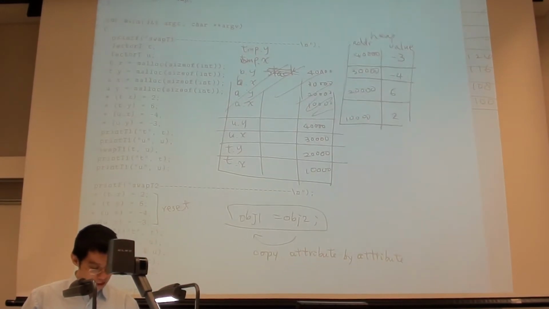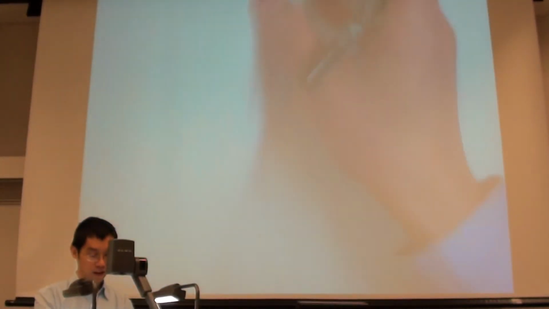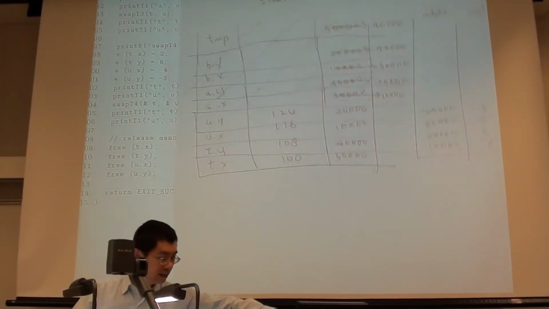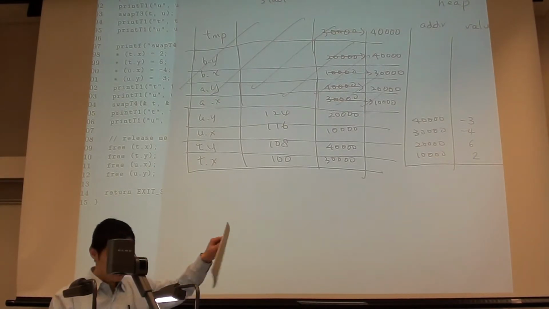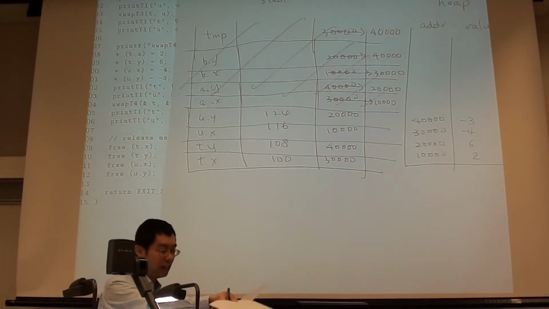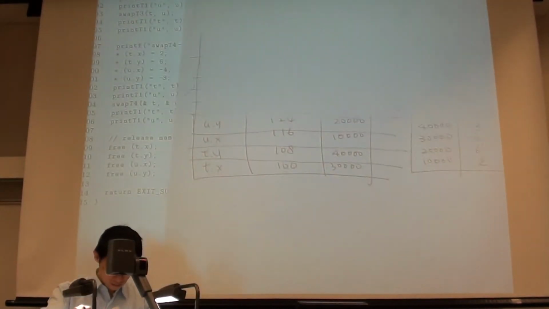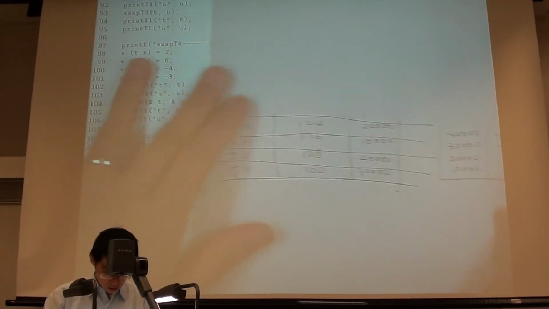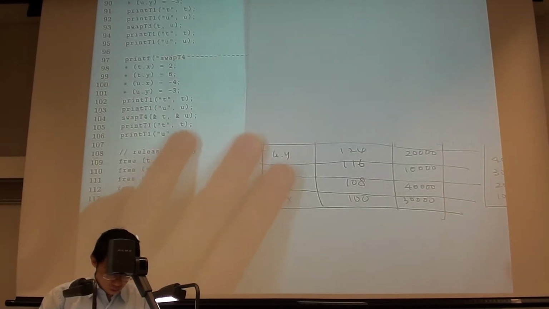The last question asks you to call swap 4. So this is the stack and the heap, what it looks like now, and we need to get rid of the top since swap 4 uses pointers.